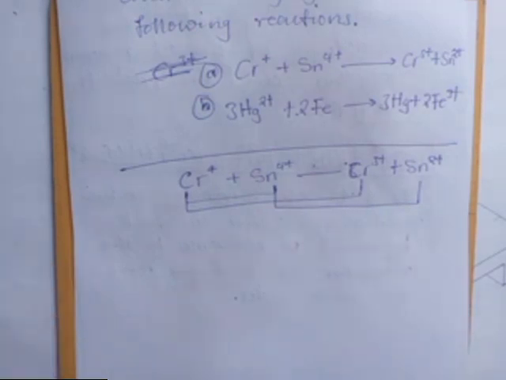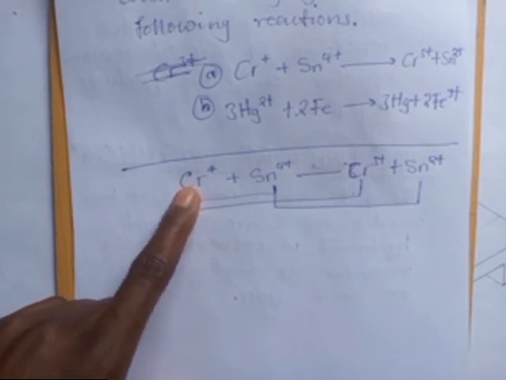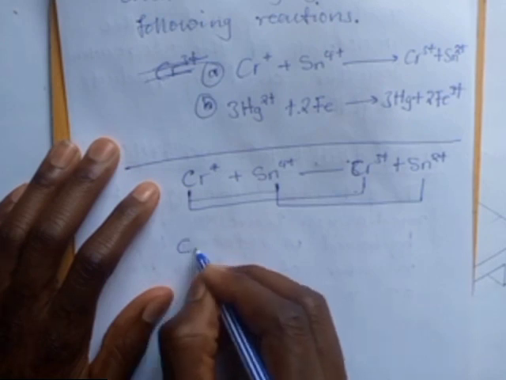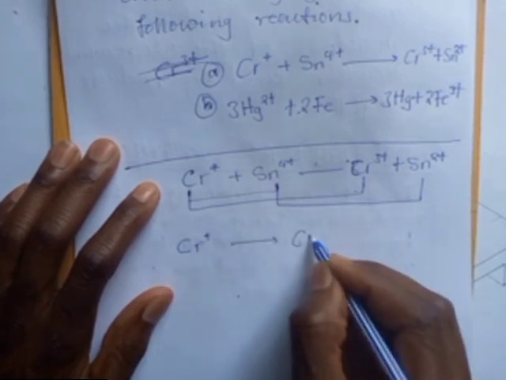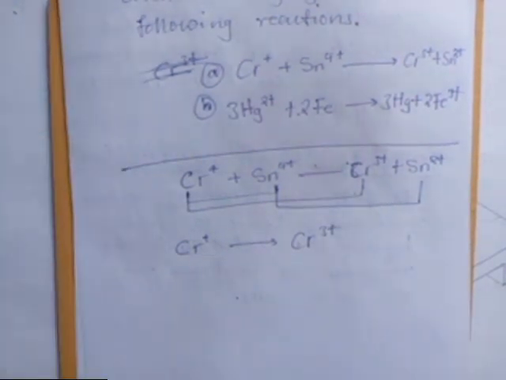Remember, I just want to identify whether this is going to be my oxidizing agent or reducing agent. So if you check, we have Cr+ giving us Cr3+. Here there is no need to find the electrons gained or lost.